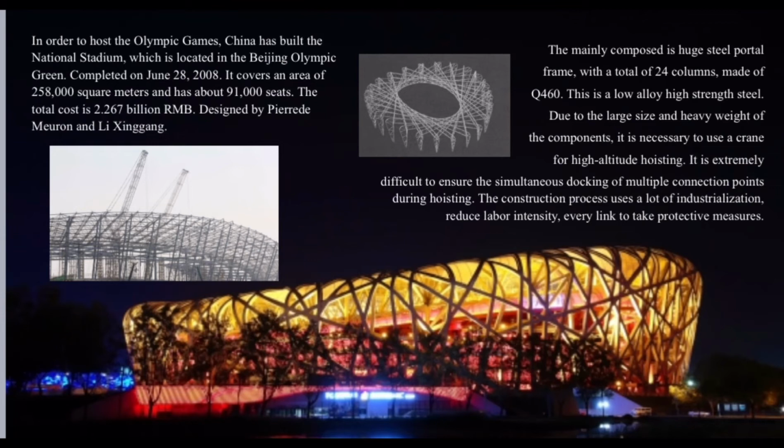Due to the large size and heavy weight of the components, it is necessary to use cranes for high-altitude hoisting. It is extremely difficult to ensure the simultaneous stacking of multiple connection points during hoisting.